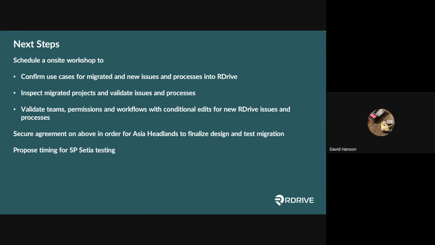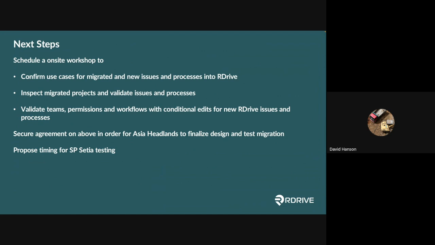Given the enormity of SP Setia's 294 projects, and the need to get you up and running as quickly as possible, we're going to have to take extra effort to make sure that everything is set up correctly.